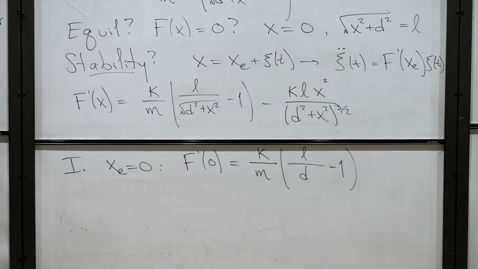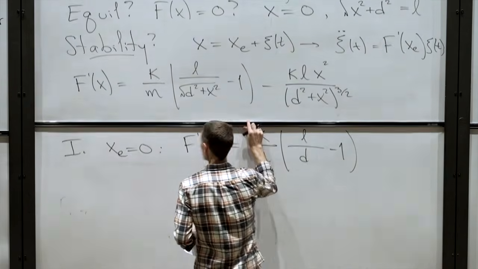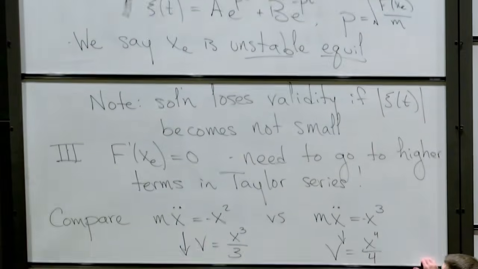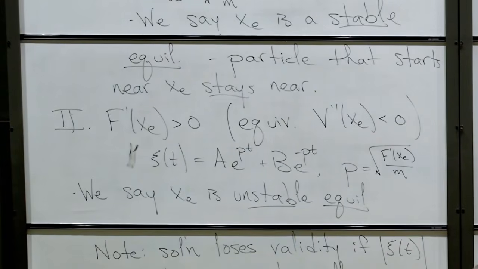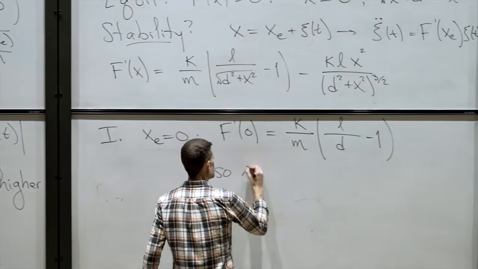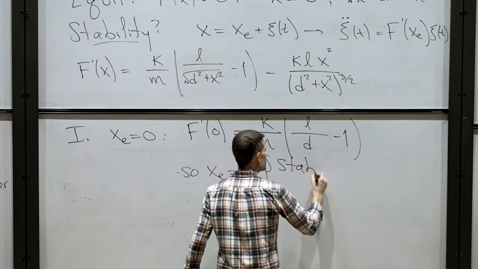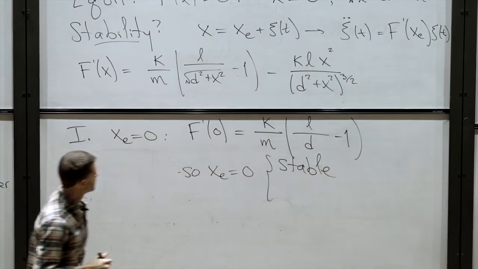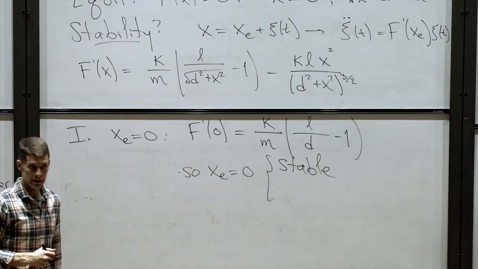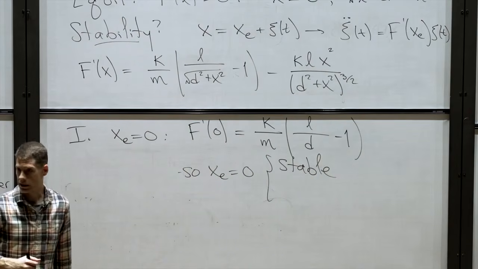And you can see something changes based on L and D. So imagine I fix D, and then I'm changing the length of my spring. So what we've said over here, stable if f prime is negative. So this is stable. This is going to be negative if L is less than D. So the L over D minus 1 is negative.